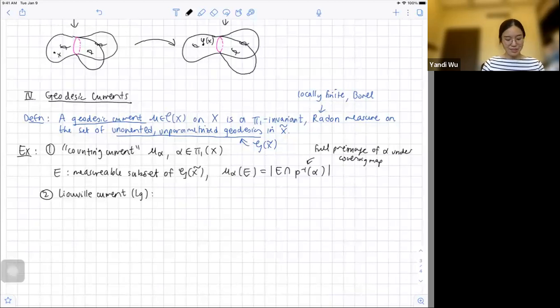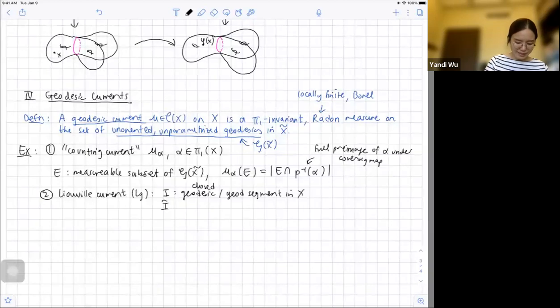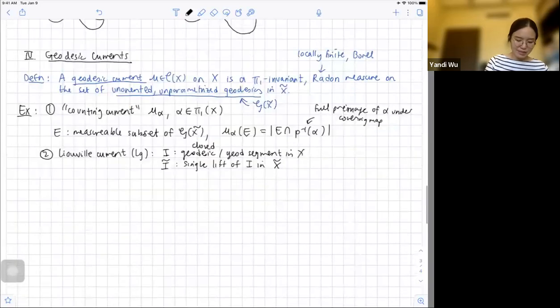But the other current I wanted to focus on is called the Liouville current. I'm actually not going to define this one because the definition is a bit more involved. But I'm going to point out a useful characteristic: if I is a geodesic, either a closed geodesic or a geodesic segment in X, and I tilde is a single lift in the universal cover, what you can do is consider the space of geodesics that are transverse.